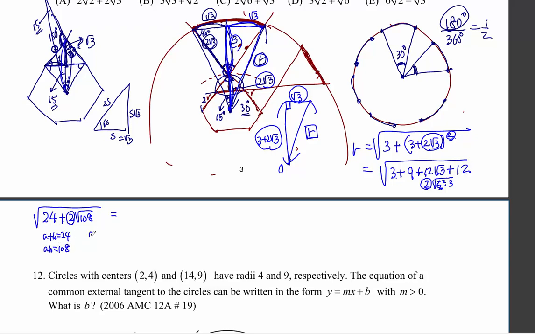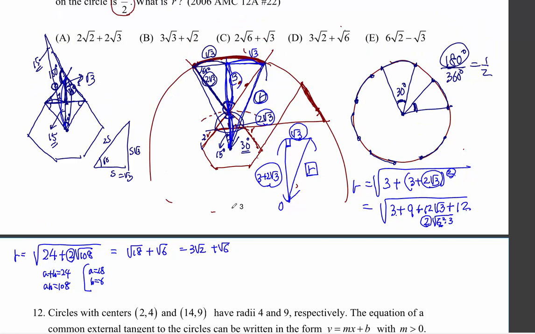We can find A is 18, B is what? 6, isn't it? Two numbers. When you move this out, square root 18 plus square root 6, that is the value of R. Now the value of R is how much? 3 root 2 plus root 6, isn't it? Okay.